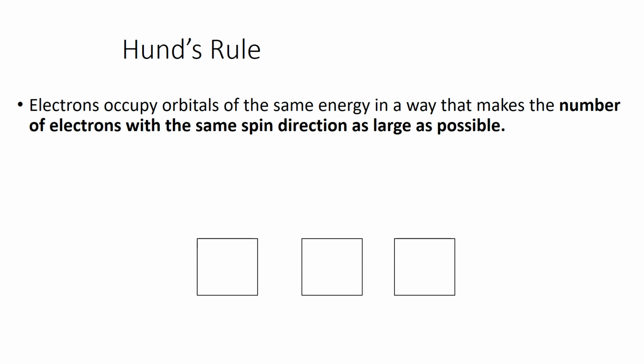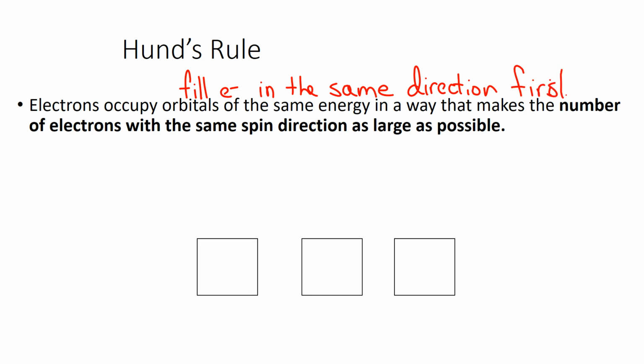Another way to say that is we fill electrons in the same direction first.